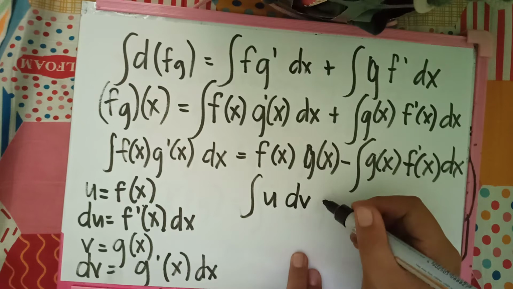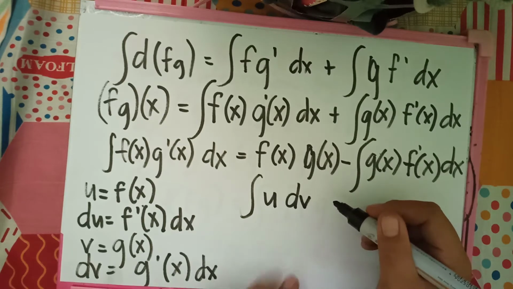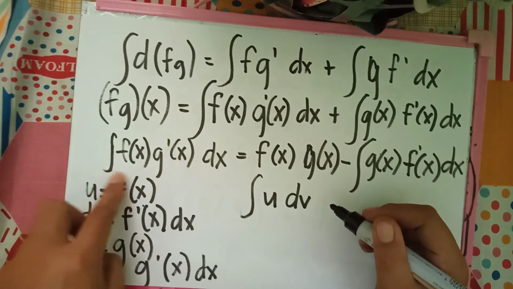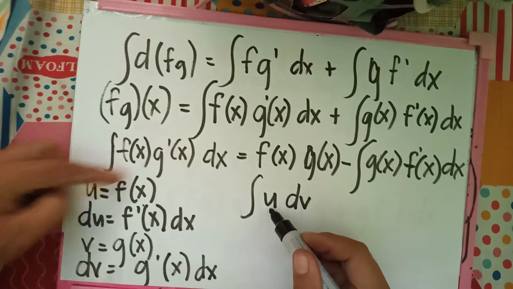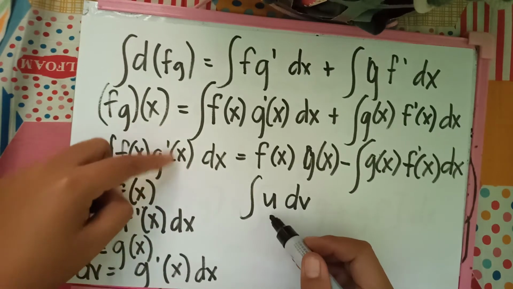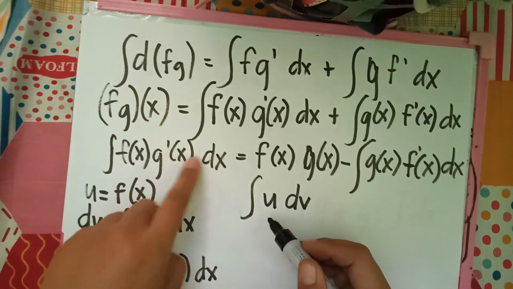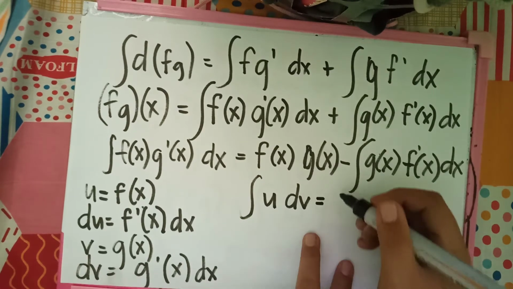Okay? Tama ito? F of x is u. Derivative of g of x dx is dv.